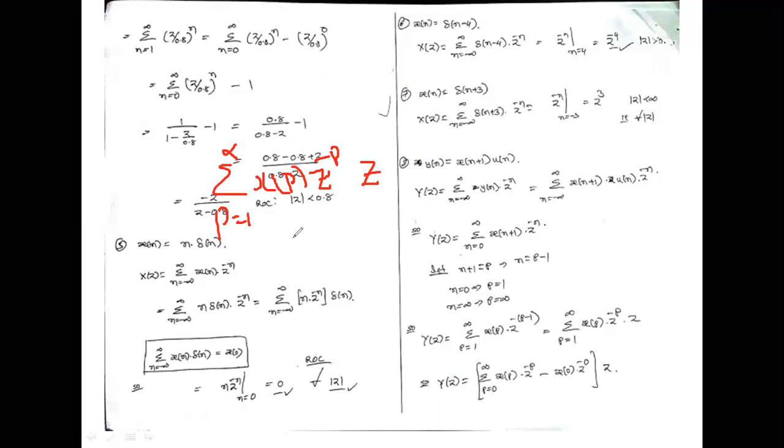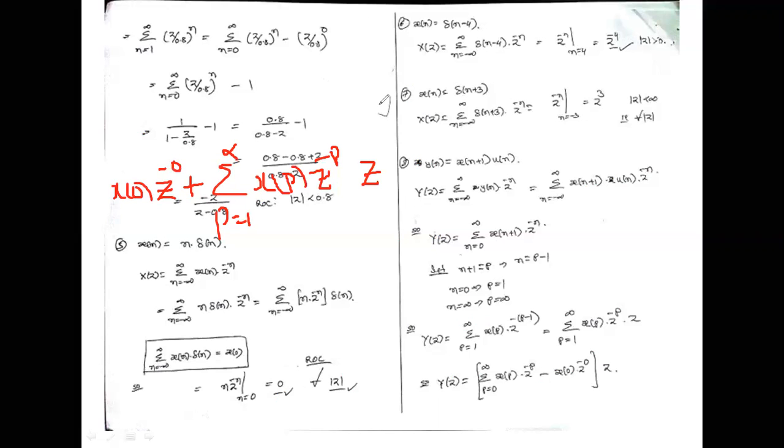The unilateral z transformation starts from 0 to infinity. So I am adding the term for p is equal to 0, otherwise you can write this as the function x of 0 z power minus 0.